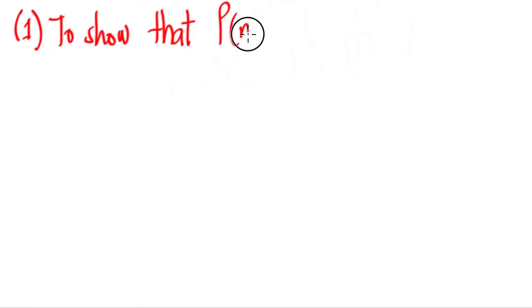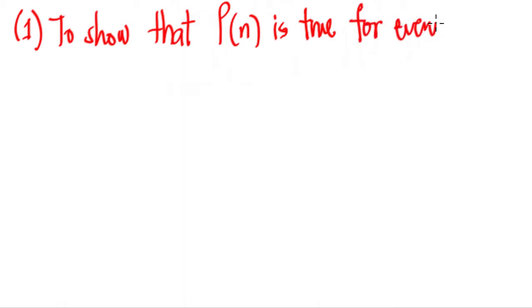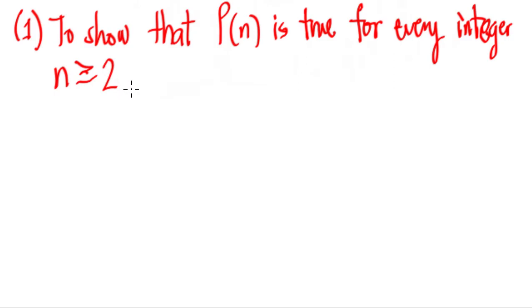So for number 1, to show that, let's first state: show that P of n is true for every integer n greater than or equal to 2.